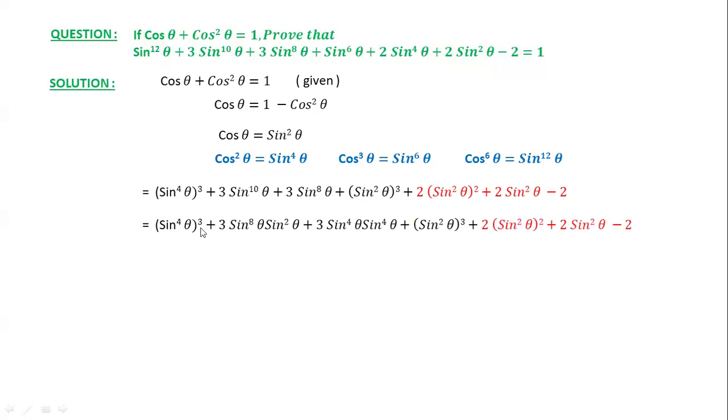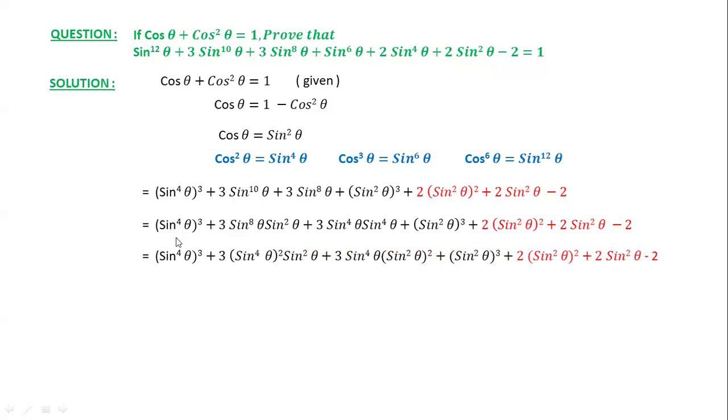Sine raised to 4 theta whole raised to 3. 10 I break it down as 8 and 2, 8 plus 2 is 10. So 3 sine raised to 8 theta sine square theta, plus 8 we break it as 4 and 4, sine raised to 4 theta sine raised to 4 theta, plus sine square theta raised to 3, plus sine square theta square plus 2 sine square theta minus 2.